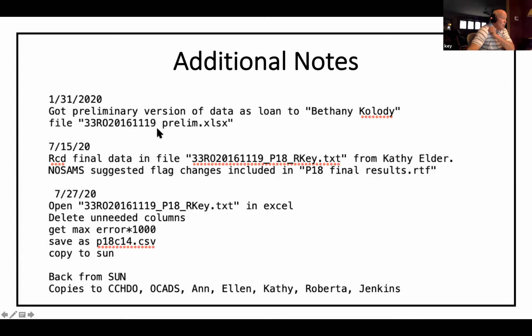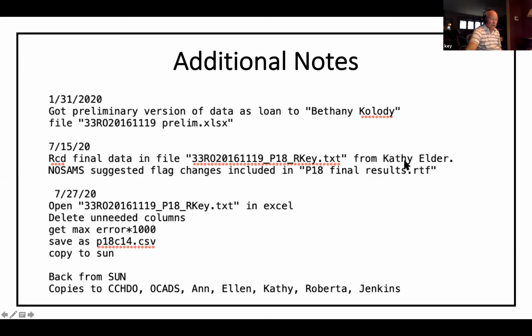So WHOI provided the preliminary numbers to me in a file with that name. I ran them through, merged them, and then sent a copy to Beth. Six months later, roughly in July, I got the final data from WHOI with that name, from Kathy.